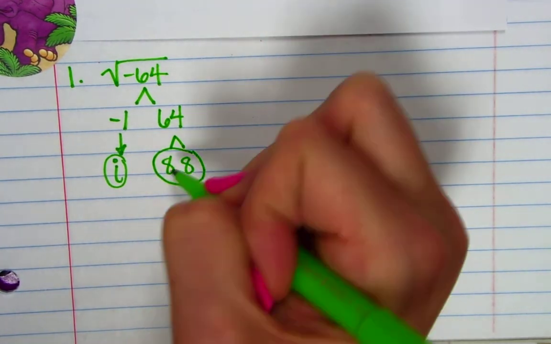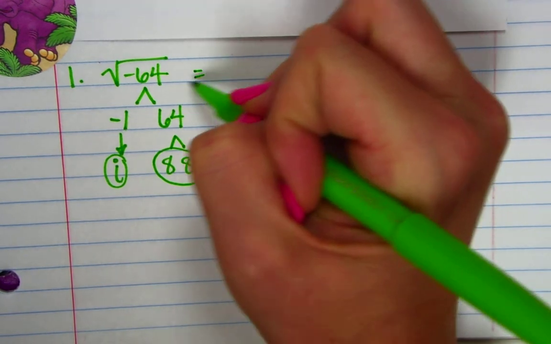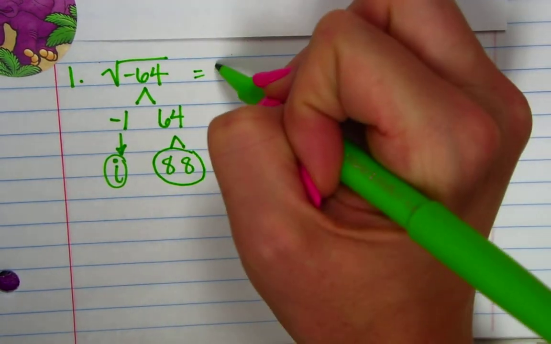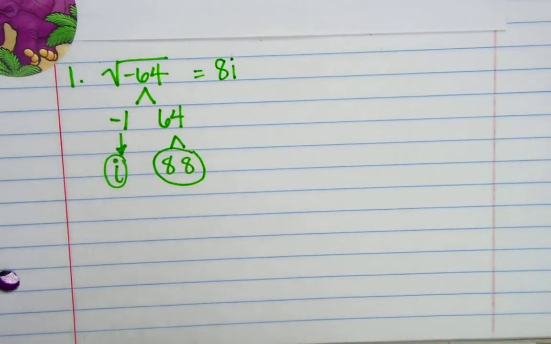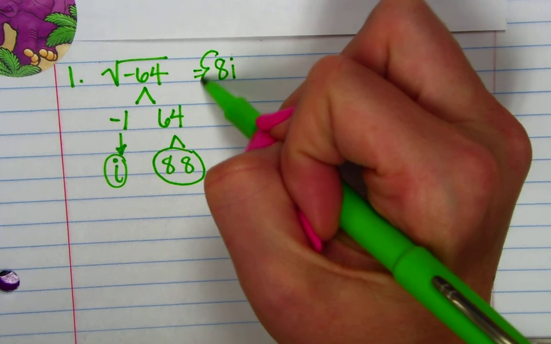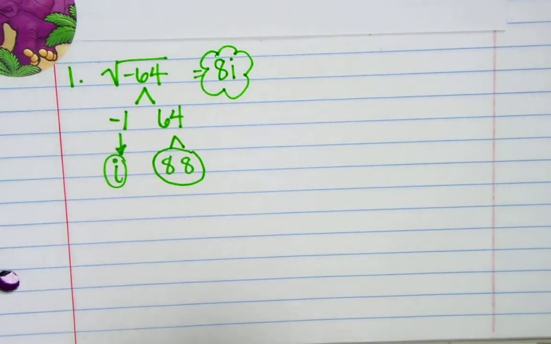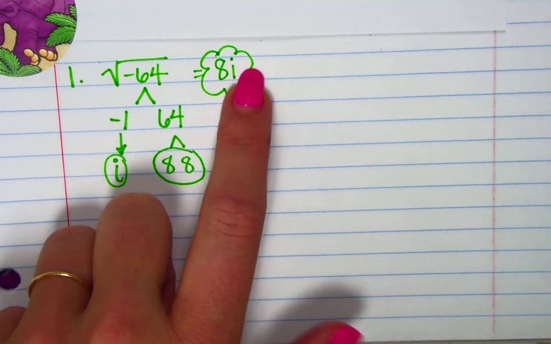Pairs go outside and I goes outside. So the square root of -64 is 8i, just like the square root of 64 is 8, and the negative gives me the I. So that's my answer. If there's no leftovers, you don't even need the square root sign.